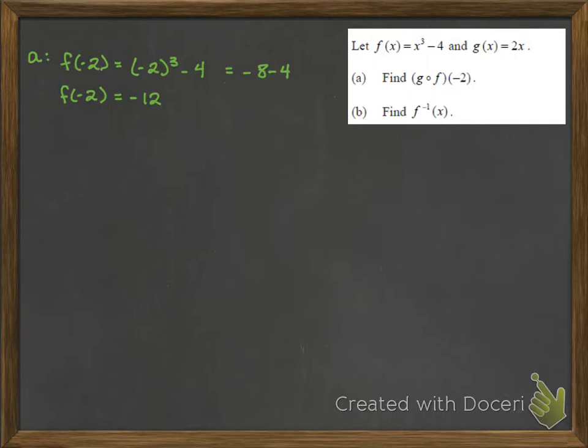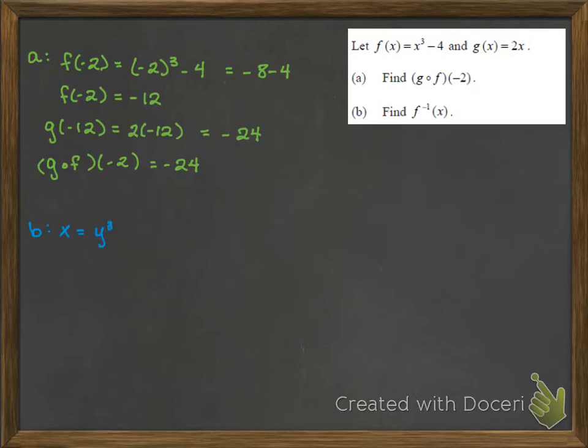Then -12 becomes our next input value, so we input -12 into g to find our final value. 2 times -12 is -24. So the composition g of f of -2 is equal to -24.